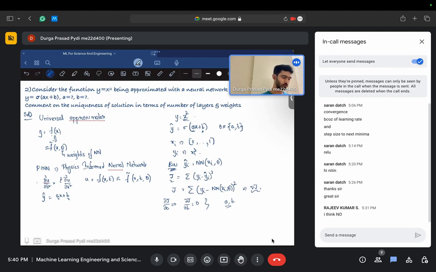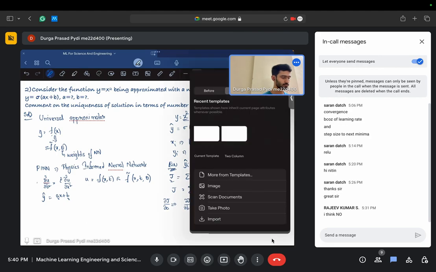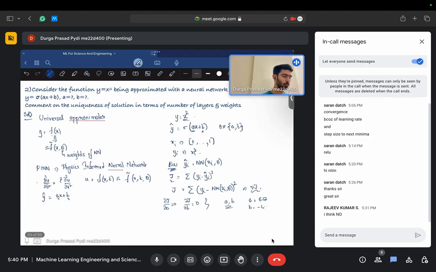I do not expect you to solve this now, but if you solve it, you will get a value of A approximately 6 point something and B close to minus 4 point something. But the point I want you to understand now is, if I were to plot the sigmoid function, how will it look?